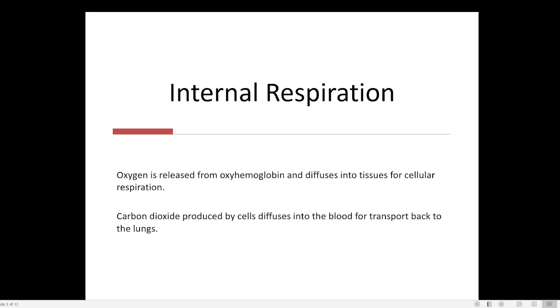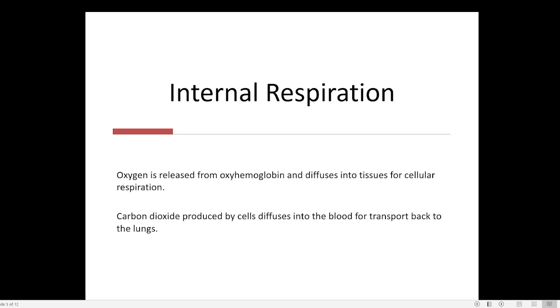So when oxygen is in the lungs, it will be entering into the blood, and in the blood oxygen will combine with the hemoglobin, forming oxyhemoglobin. That oxyhemoglobin will be transported to various parts of your body, and there it will be delivering its oxygen.